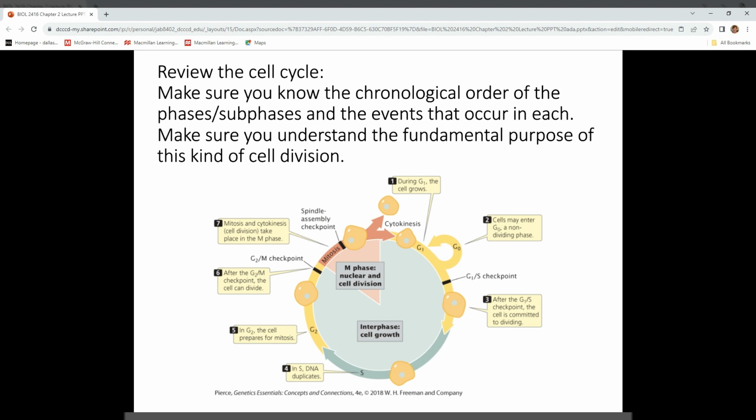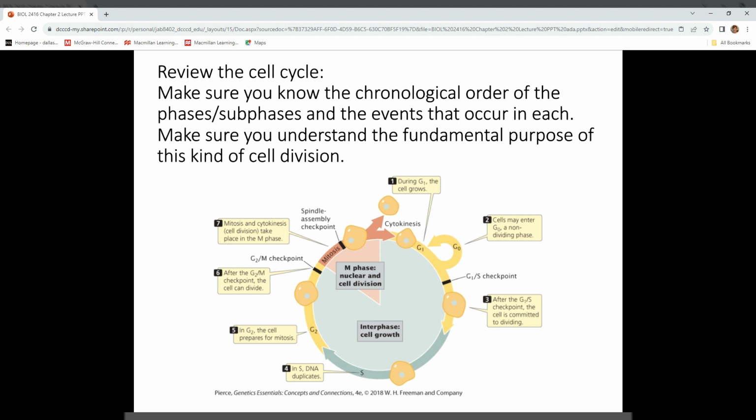This cell division produces two cells that are genetically identical to each other, but that's not the purpose exactly. The reason why an organism would want to make cells that are genetically identical is for growth of the organism overall. When you're a child, you have fewer cells in your body than an adult. So by having this kind of cell division, the organism is growing.